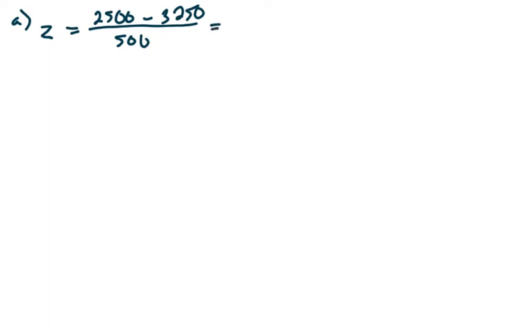So when we do this, we should get negative 1.5. So this means a baby weighing 2,500 grams is 1.5 standard deviations below the mean.